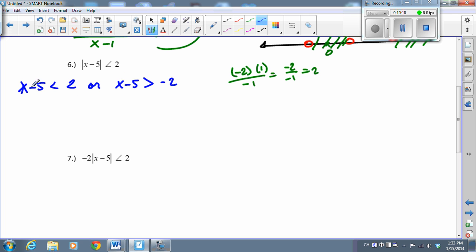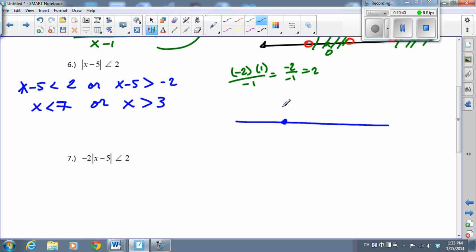So from here, I will add 5 to both sides. By adding 5, I get x is less than 7, or x is greater than, if I move the 5, I'll get 3. So less than 7, greater than 3. You can check this.